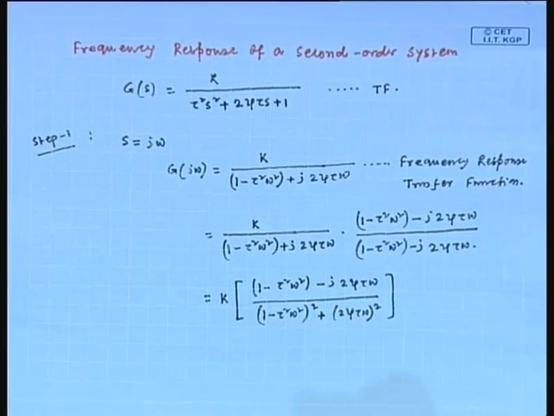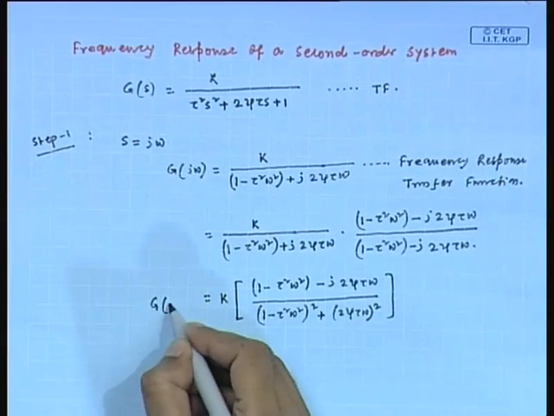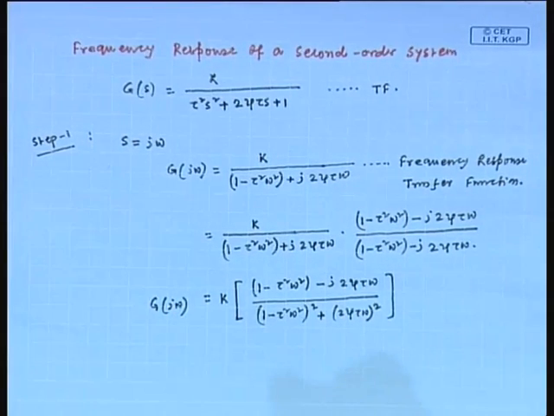Fine. So, substituting s equals j omega and rearranging, finally we get this form of frequency response transfer function.